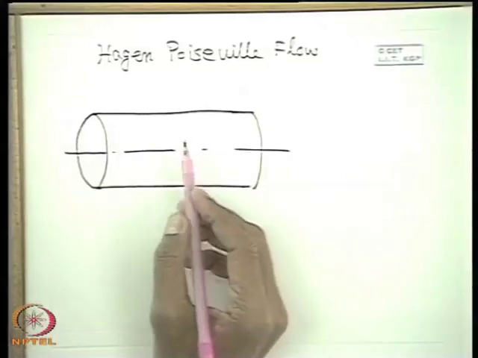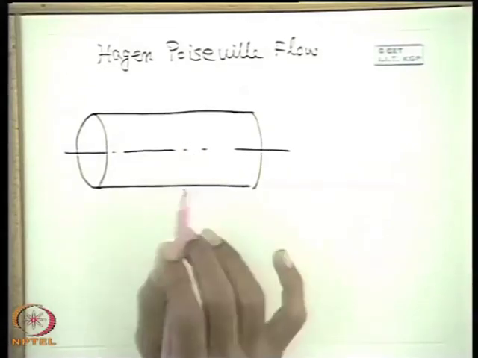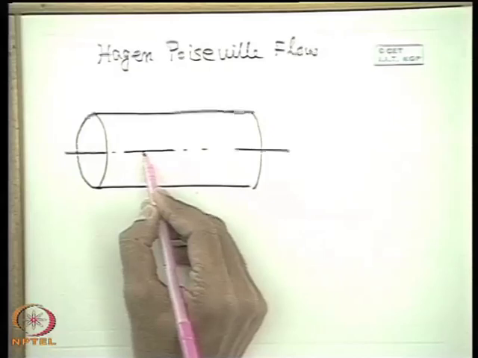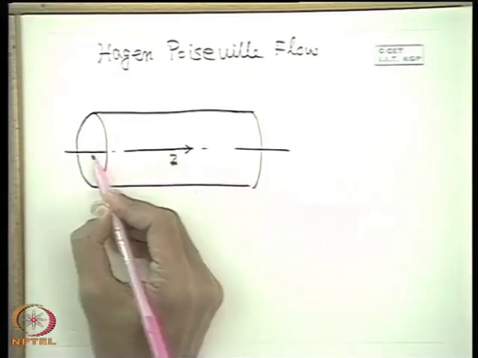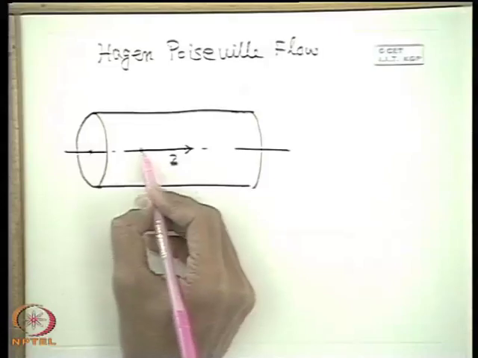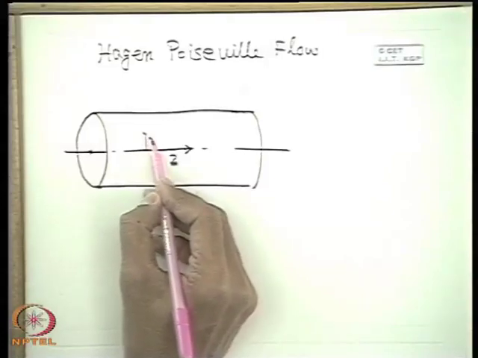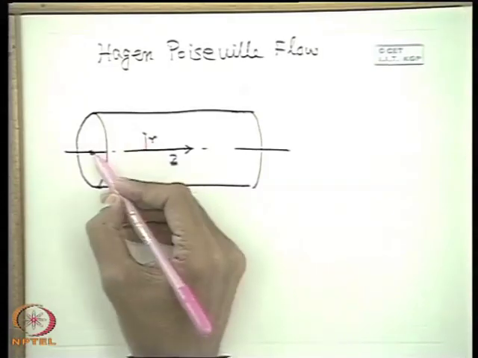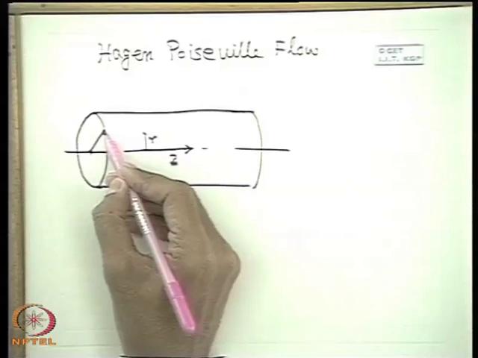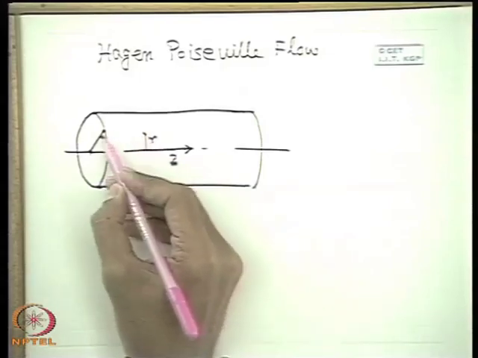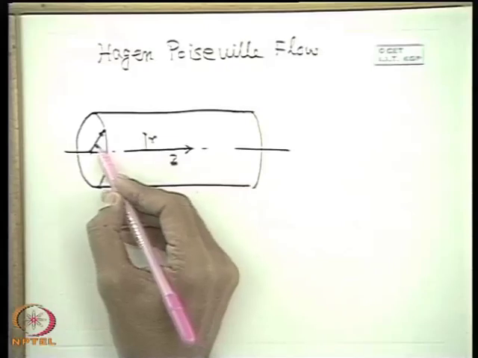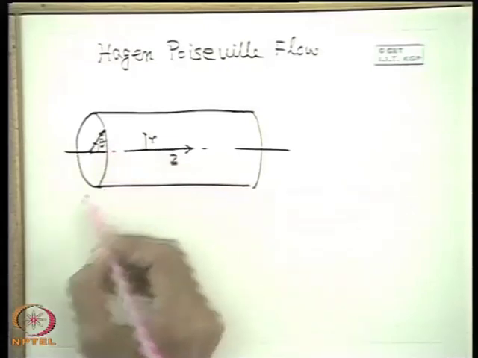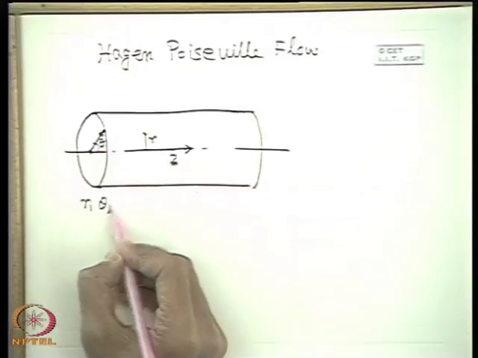Here, similarly, we first fix the coordinate axes for the flow. We fix the cylindrical polar coordinates, that means Z. From here we measure Z. Any point we measure at R and an azimuthal location, theta. That means R, theta, Z are the coordinates.